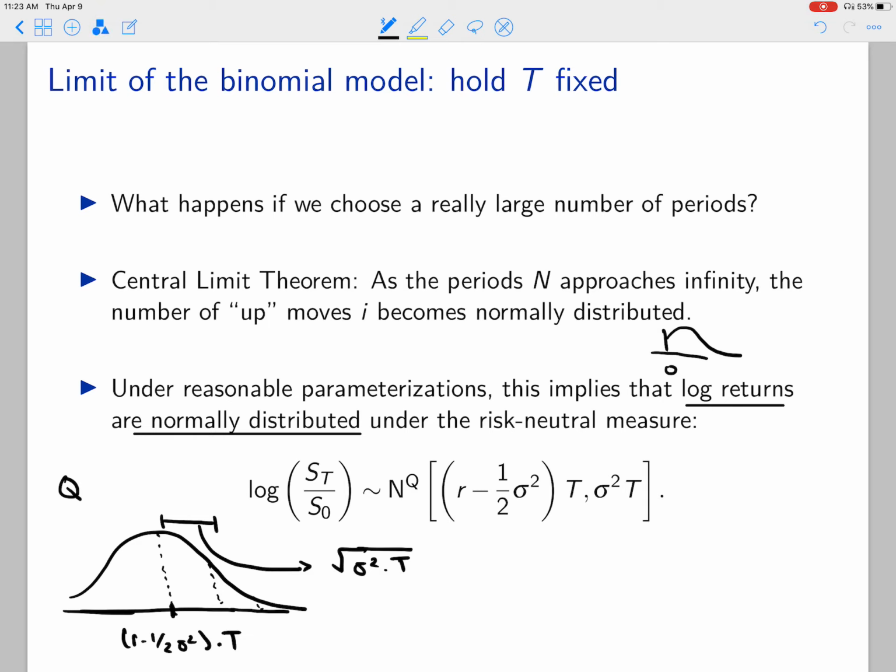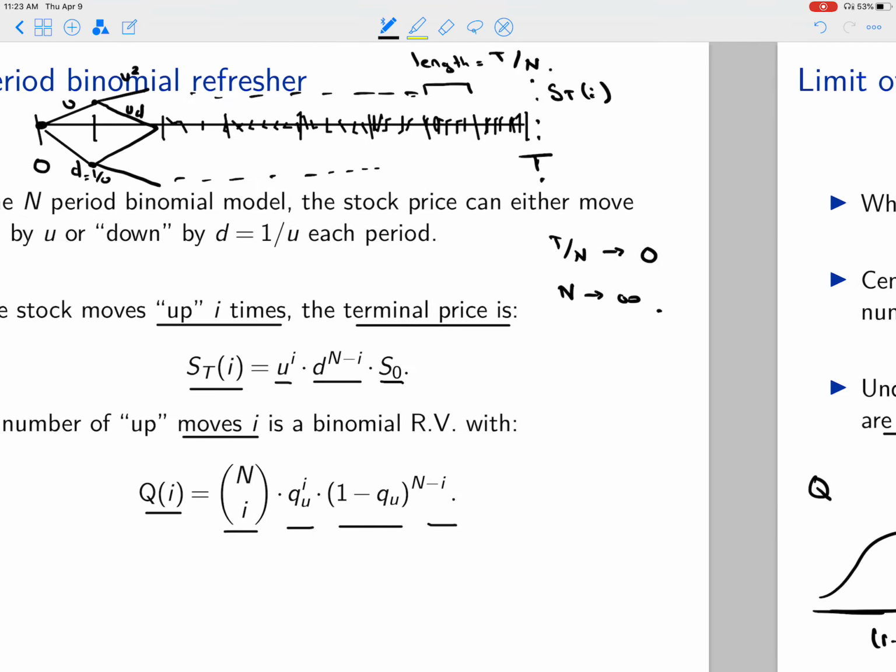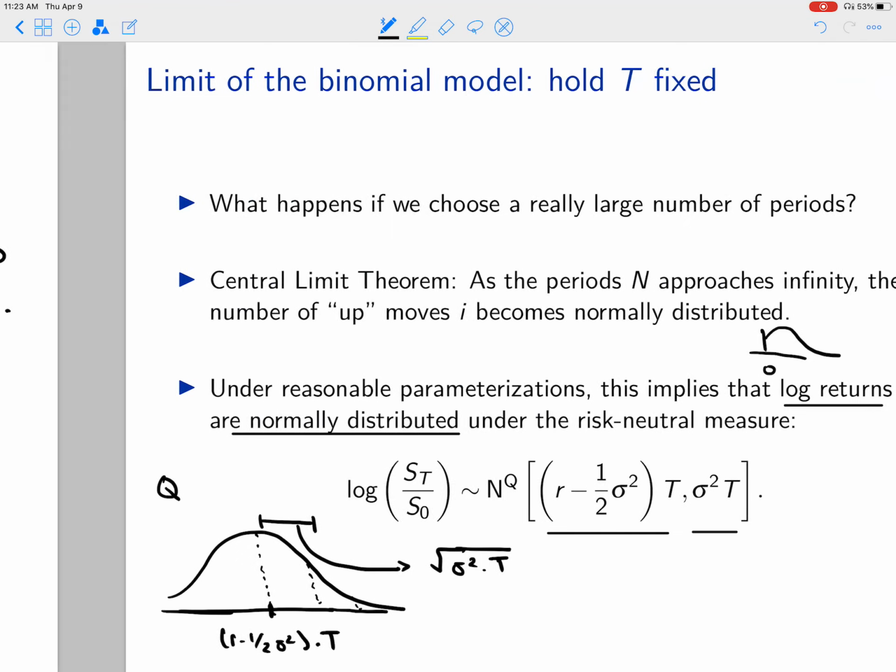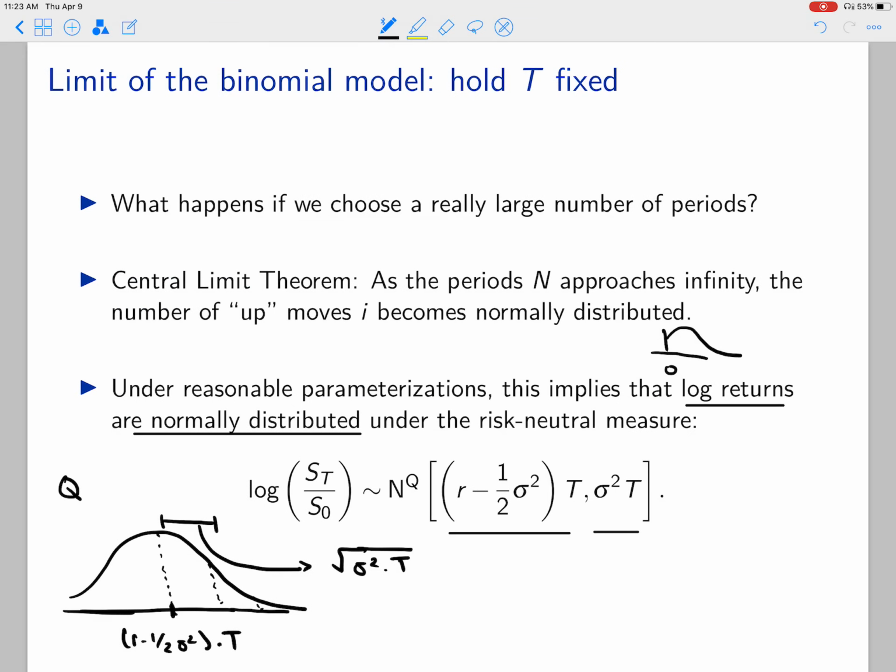That normal distribution will have two parameters. It'll have a mean and a variance. The mean will turn out to be r minus 1/2 sigma squared times t, and the variance will turn out to be sigma squared t. All this means is that if we choose a very large number of periods in the binomial model, it's going to be equivalent to making the assumption that returns are risk neutrally normally distributed with the mean and variance given below.